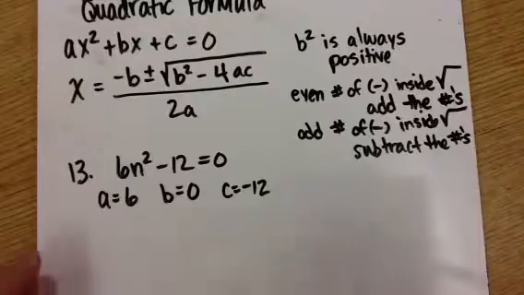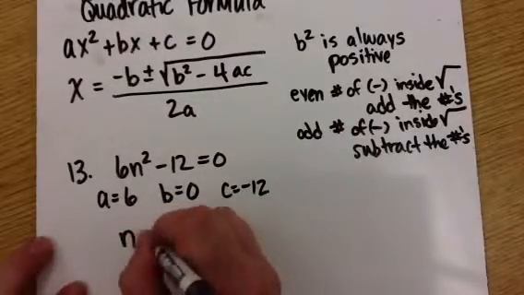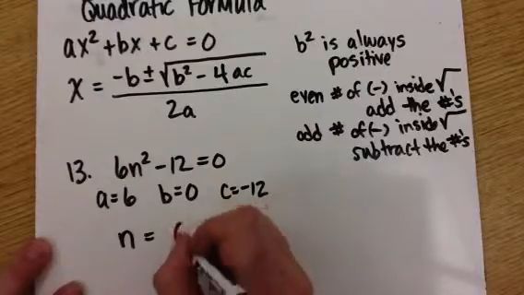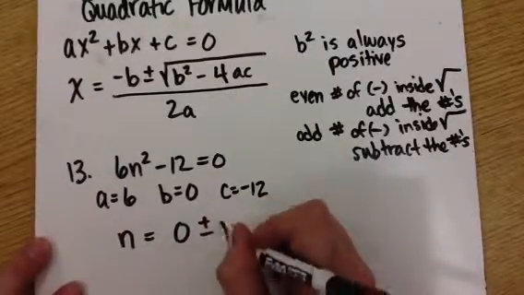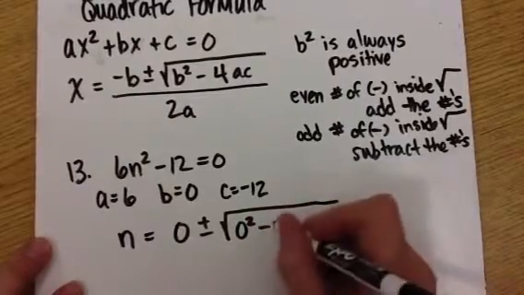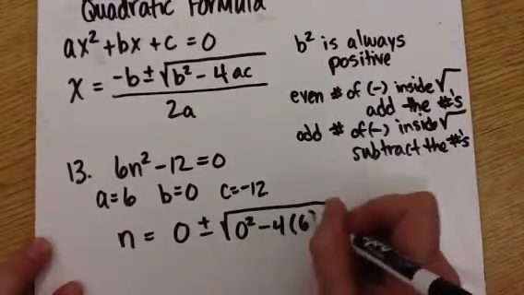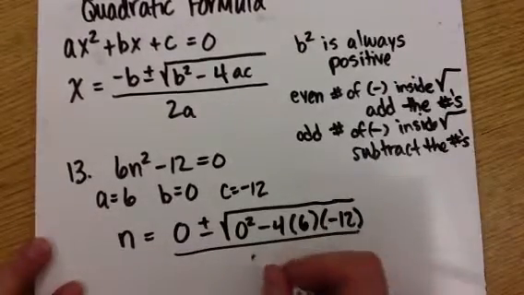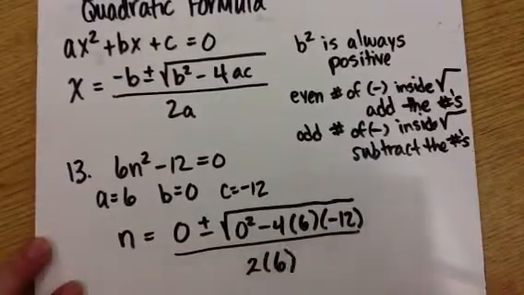So in our quadratic formula, in this case it's n equals instead of x, so n equals the opposite of b, which will be 0, plus or minus the square root of 0 squared minus 4 times a times c divided by 2 times a.